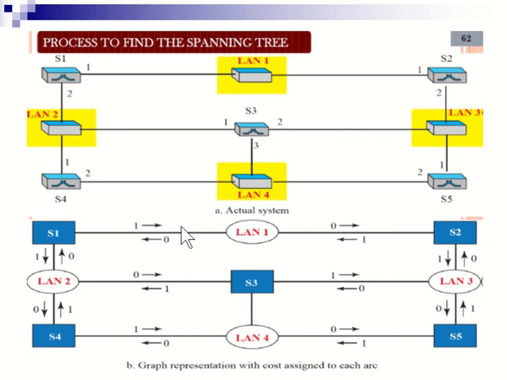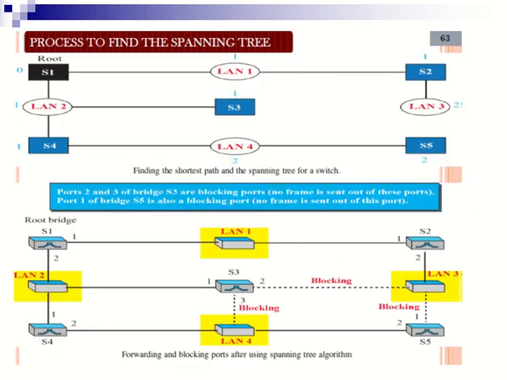Here the cost will be 1 plus 0 plus 1, so it will be 2. Similarly, if I take this particular path, that is 1 plus 0 plus 1, it is also 2. So I have two options. It will be decided by the administrator to choose either this path or this path. Any one path will be chosen.